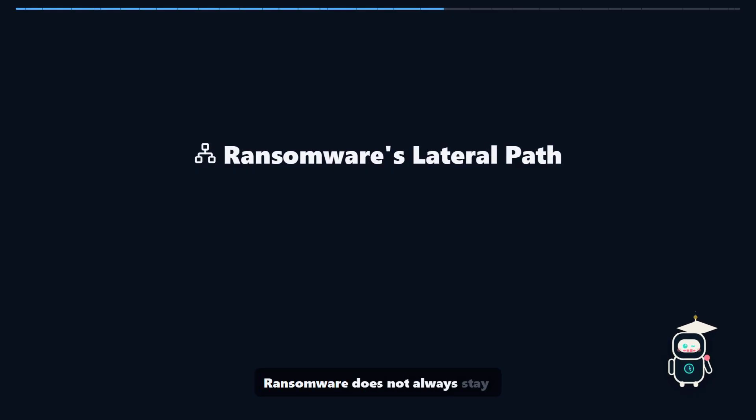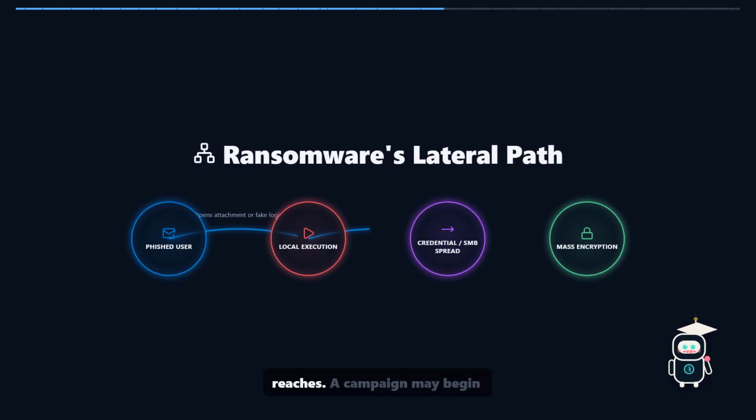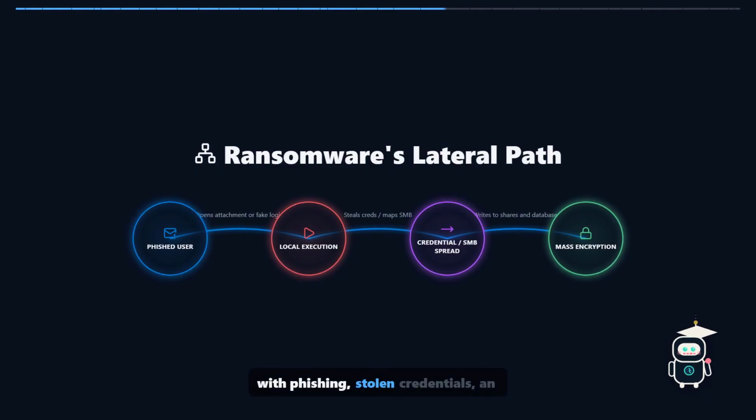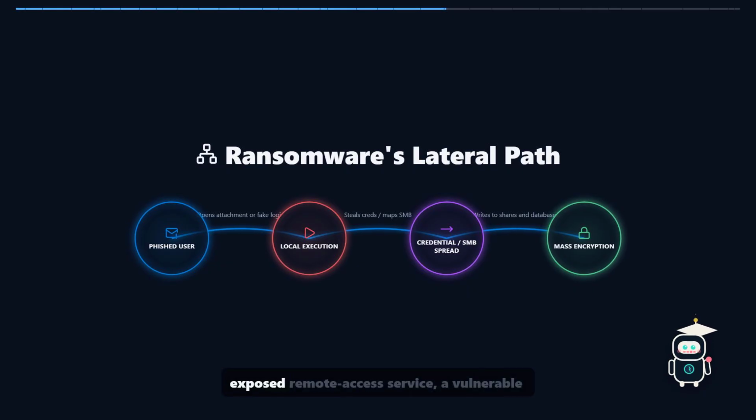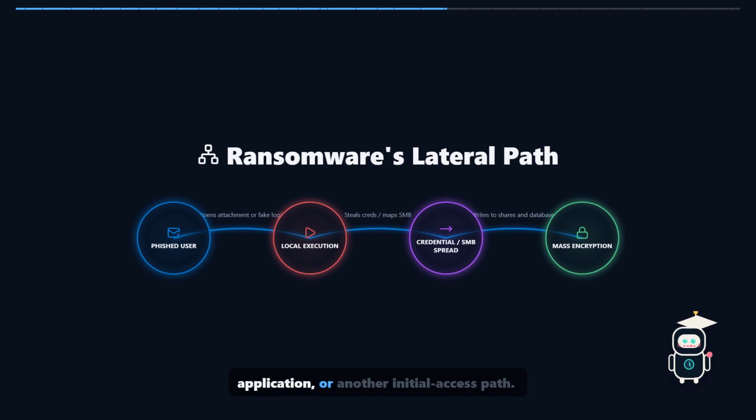Ransomware does not always stay on the first machine it reaches. A campaign may begin with phishing, stolen credentials, an exposed remote access service, a vulnerable application, or another initial access path.